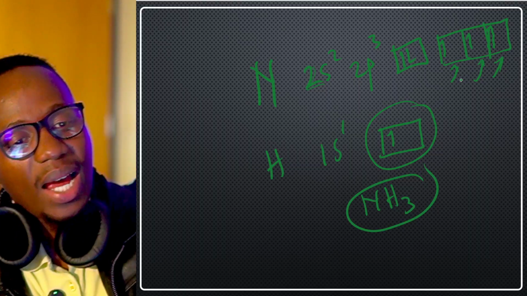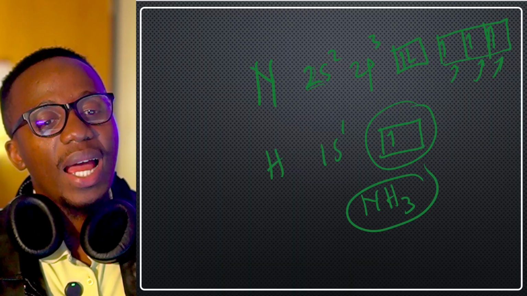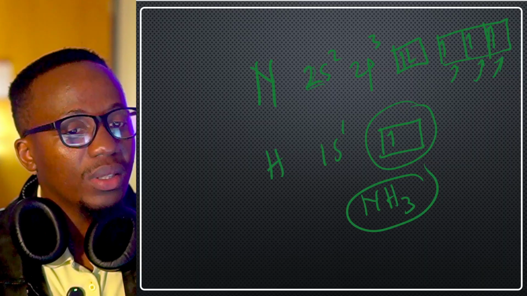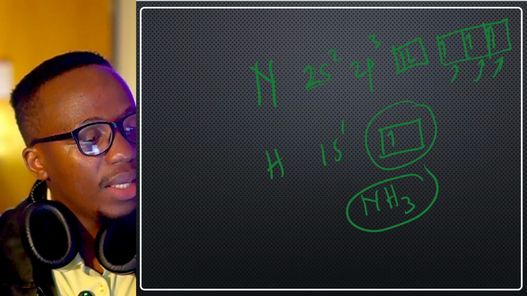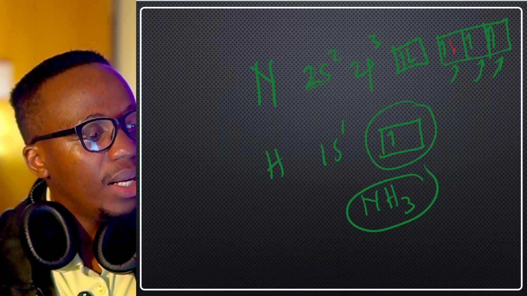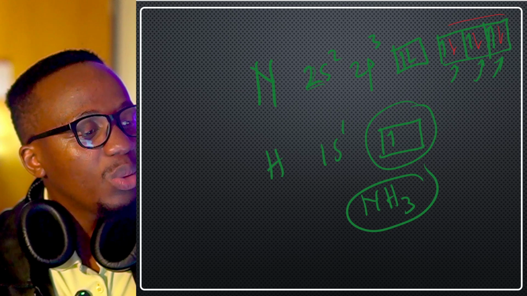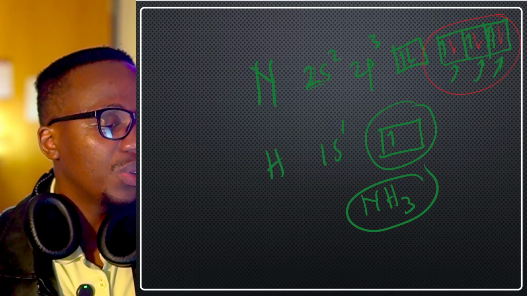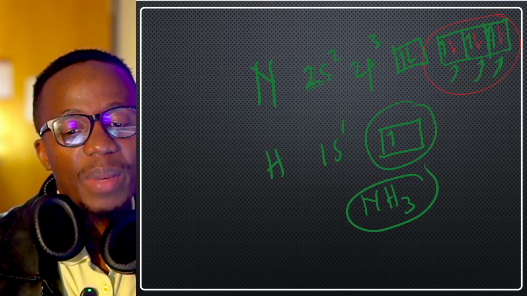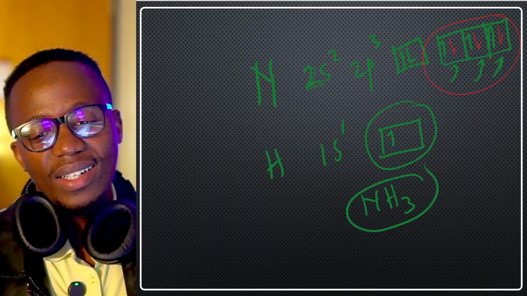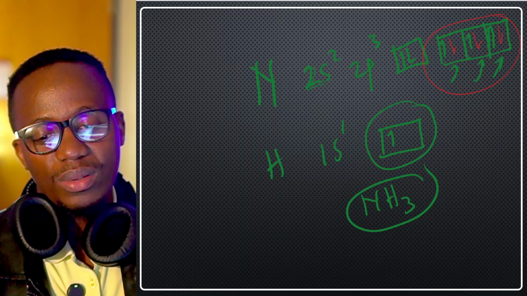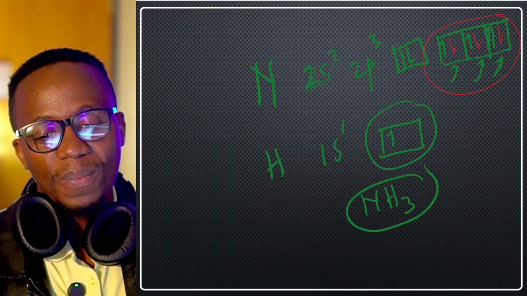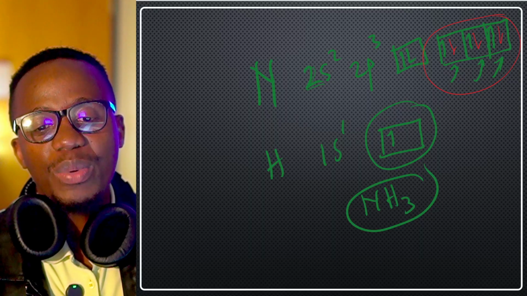So we're going to hybridize, and the hybrid is going to make this new box, where these s electrons are going to come down and go here. So this will be a hybrid orbital of electrons from N and from H. Does that make sense? So that's a hybrid orbital.